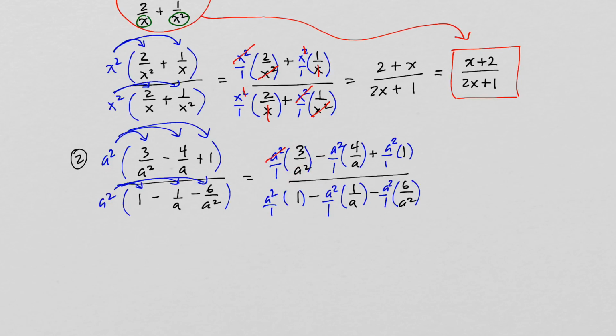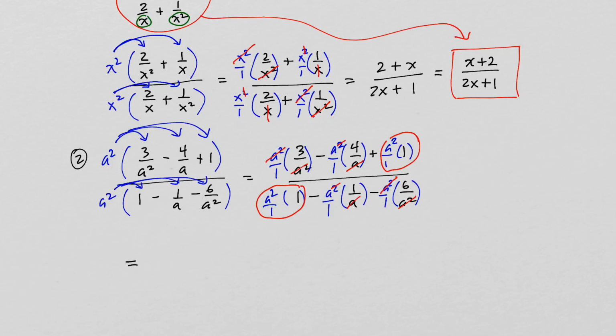We can cross-cancel here. A goes into a squared a times. And then here there's nothing to cancel. Down below we can cancel the a squareds here. We can cancel an a there. And here there is nothing to cancel. And then you have to be careful because when you start crossing everything out, sometimes it's hard to see what's left.